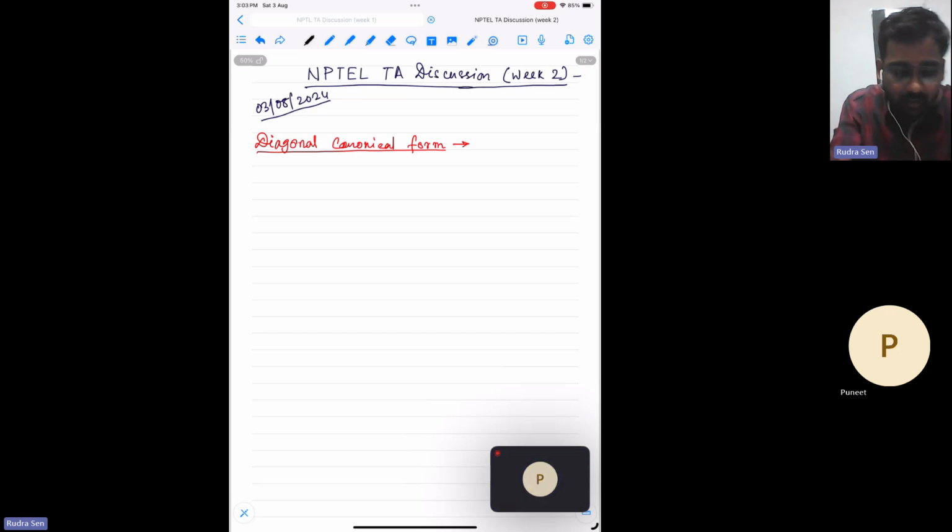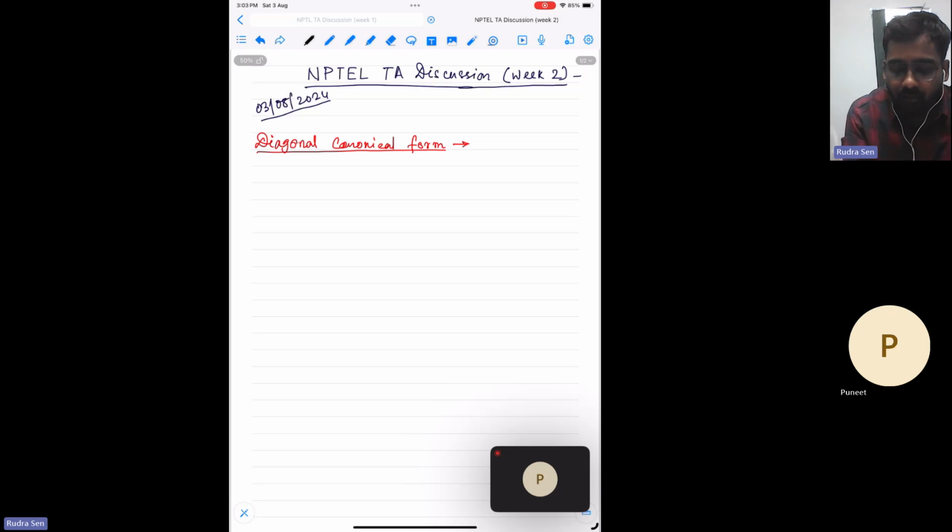Today I'm going to discuss two other canonical forms of system matrices, the diagonal canonical form and the Jordan canonical form. Previous week we discussed the two companion forms, the controllable canonical form and the observable canonical form.